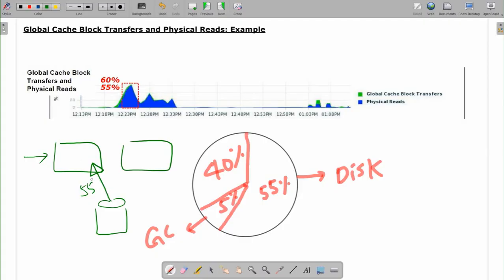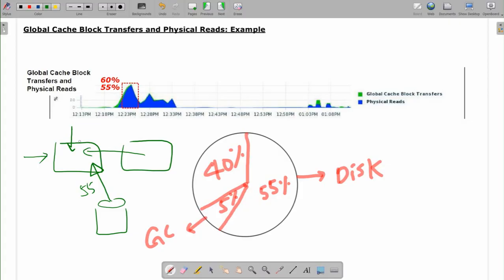Okay? And 5% through global cache activity, meaning from the remote instance. And then 40% is we were able to read 40% of I/Os directly from the local instance. That's the meaning of this.